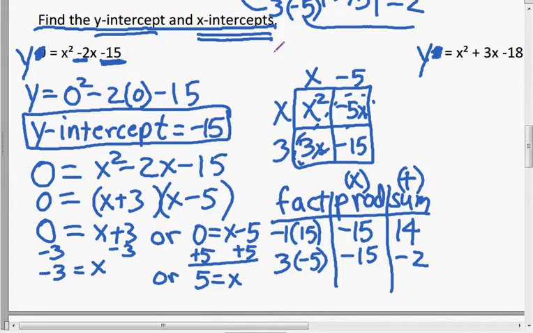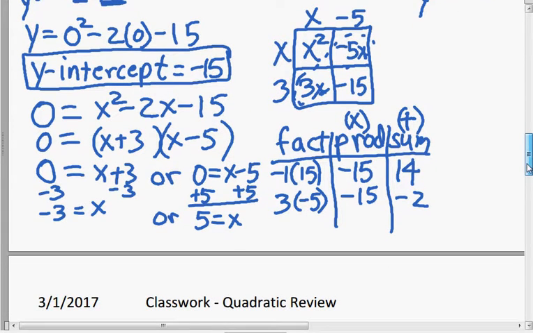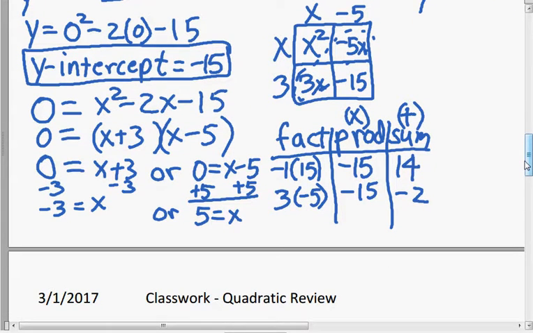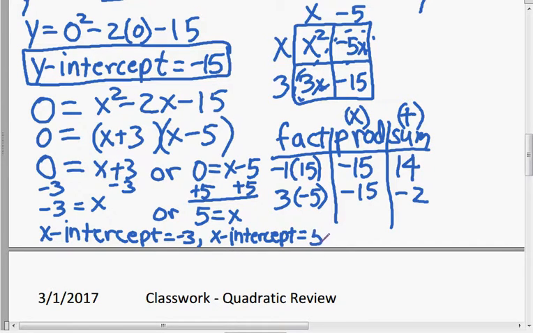These are the x-intercepts, but to have an actual answer, I have to say x-intercept equals -3, comma, x-intercept equals 5. And that is my answer.